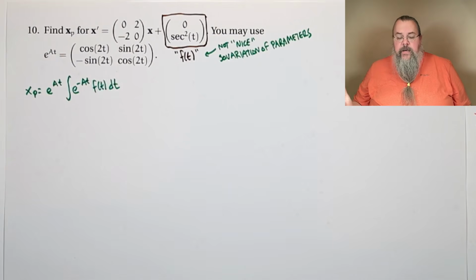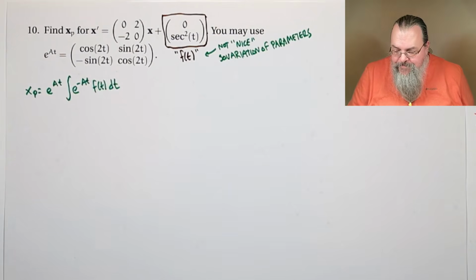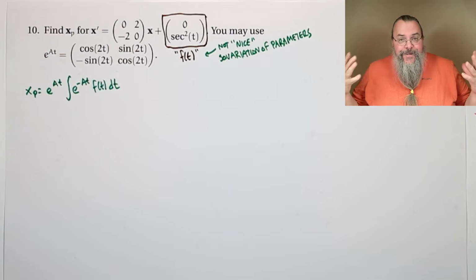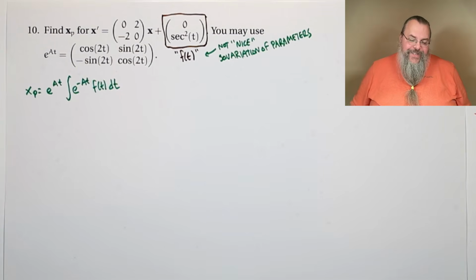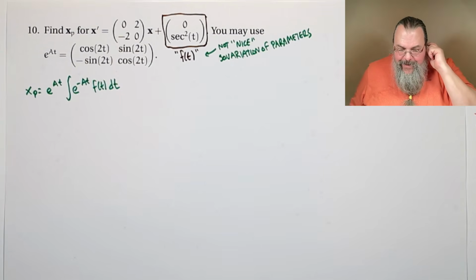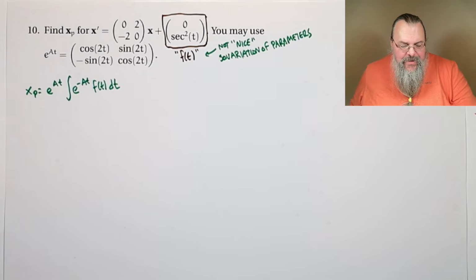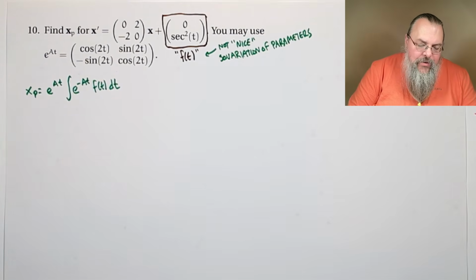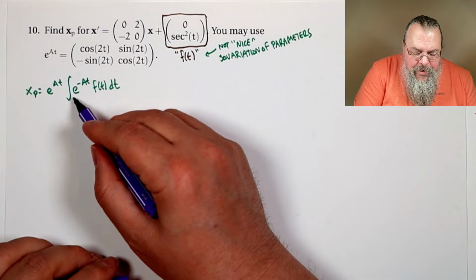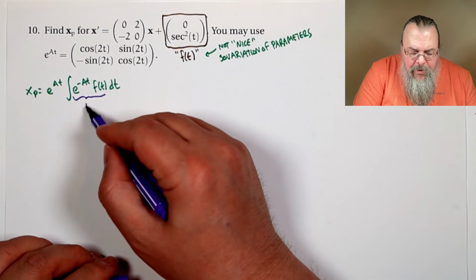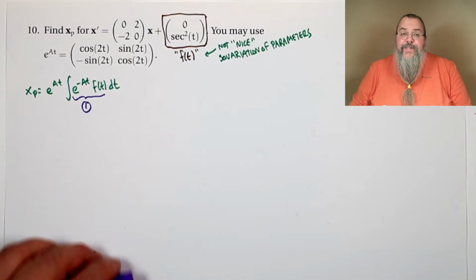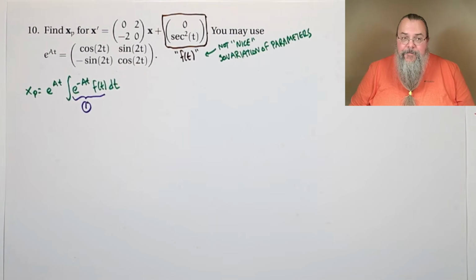All right, so that's what we need to compute. We have layers. There are definite layers in this problem. So we start with our first layer, computing e to the minus At f of t.